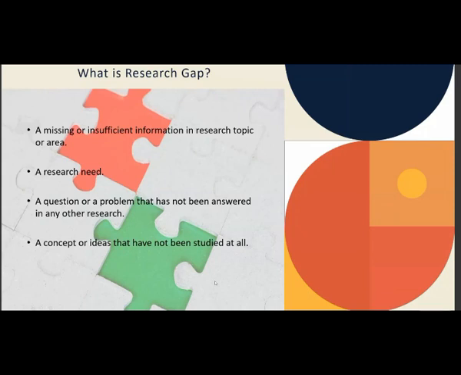And then the next one is about a concept or ideas that have not been studied at all. This is the area from this generation, or this new era and so on.